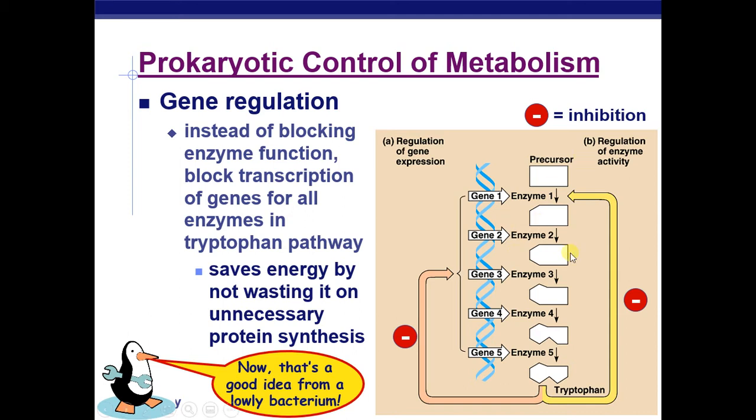So as we look here, tryptophan is an inhibitor, so it prevents enzyme number one from working, and it also prevents the transcription of all 5 genes that create the enzymes 1 through 5 that lead to tryptophan biosynthesis.